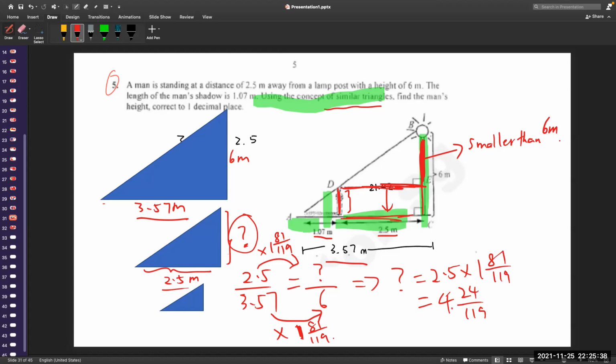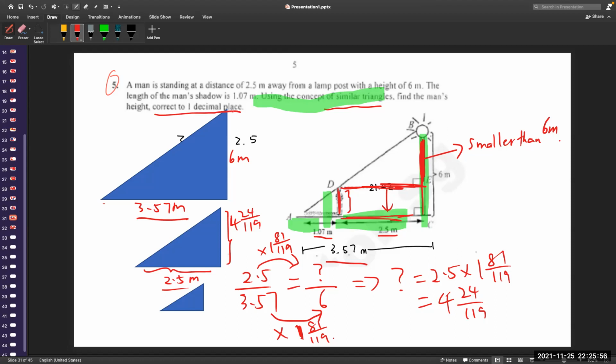Okay, good. So the question mark is 4 and 24 over 119. I leave it as it is first because it's not the final answer, so I don't want to round any answer first.